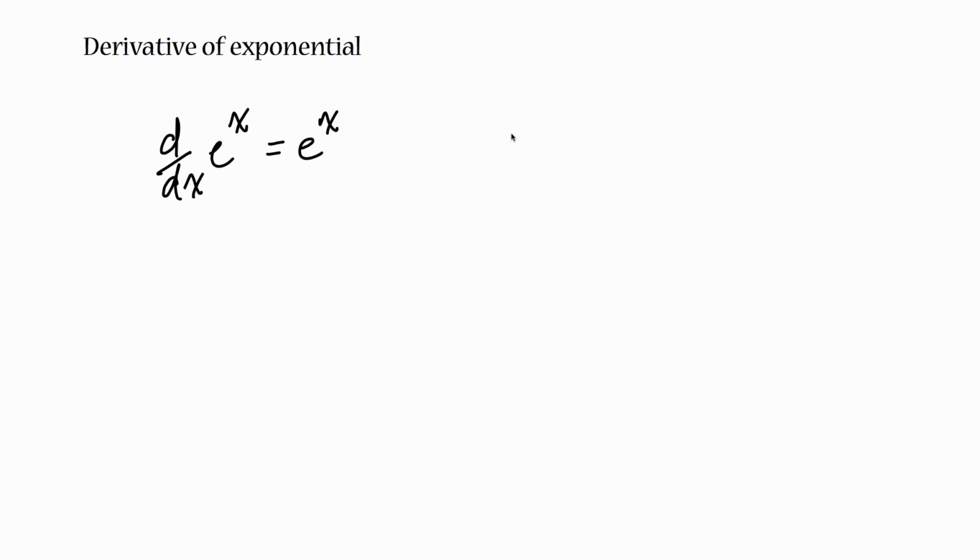And relatedly, in a more general sense, for exponential functions with other bases, the derivative of a general exponential function of some base a is a to the x times the natural logarithm of the base. You're going to use these a lot, so you should just remember them.